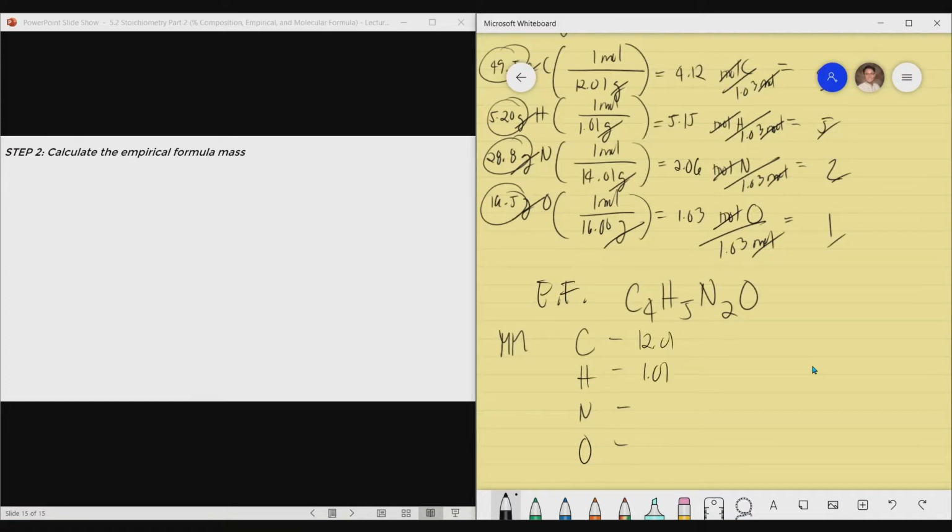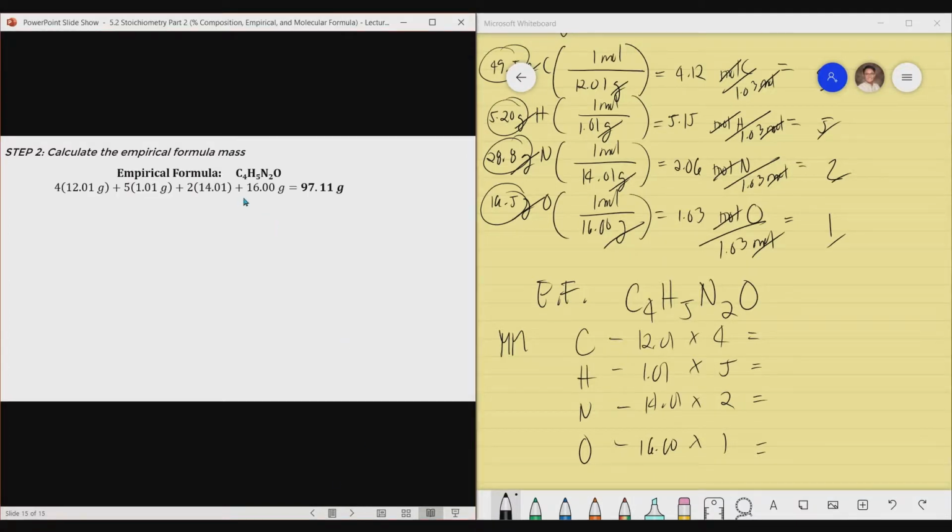Hydrogen is 1.01. Nitrogen is 14.01. Oxygen is 16.00. And then multiply them respectively with their subscripts, that is 4, 5, 2, and 1. After which, we add the products, the summation of the products.